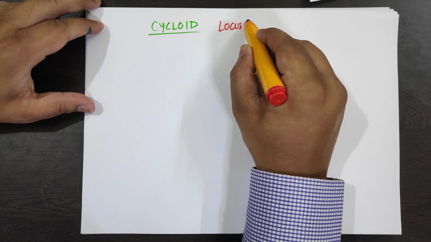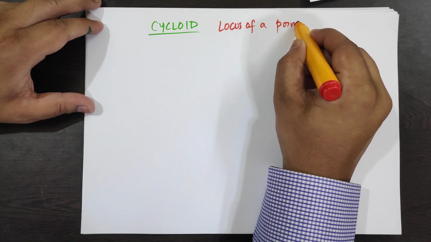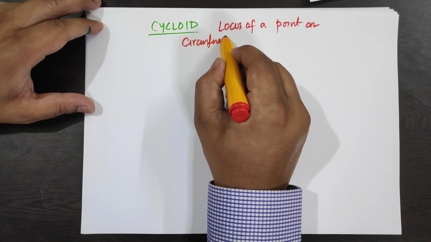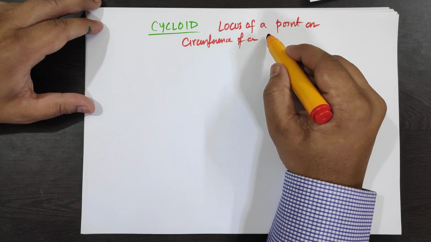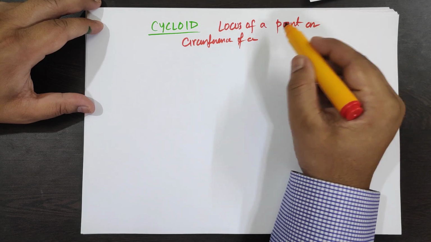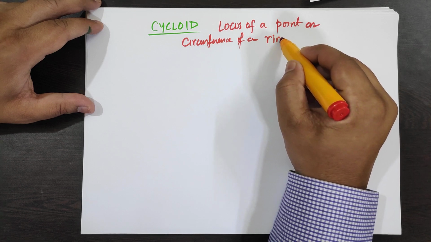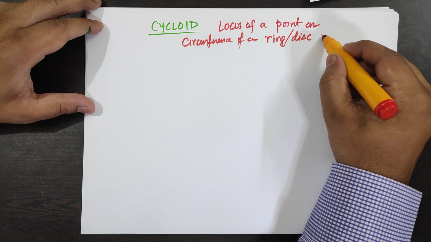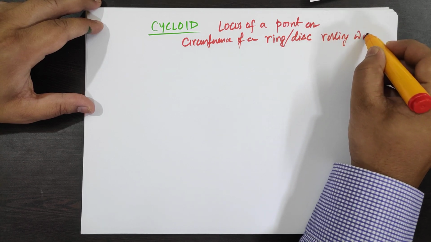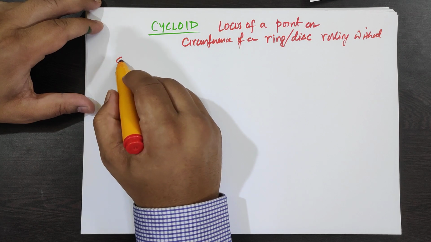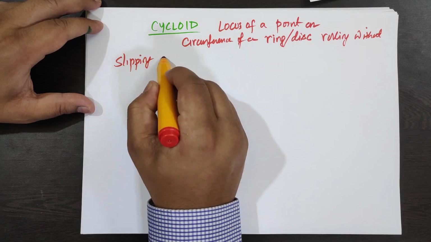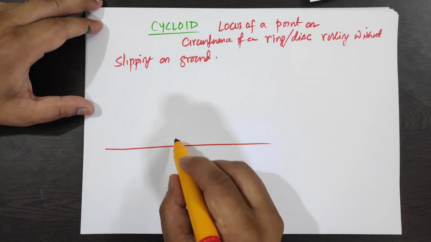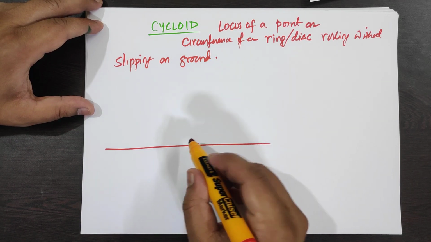It's a locus of a point on the circumference of a ring or disc, whatever, ring or disc, rolling without slipping on ground. There it was.